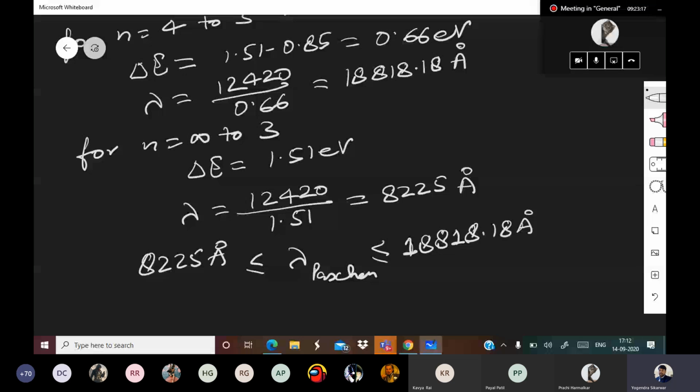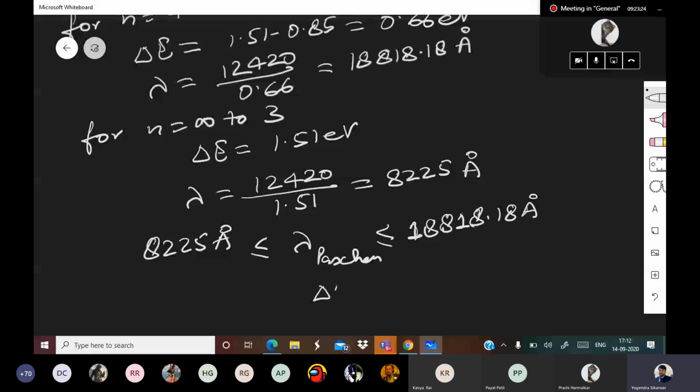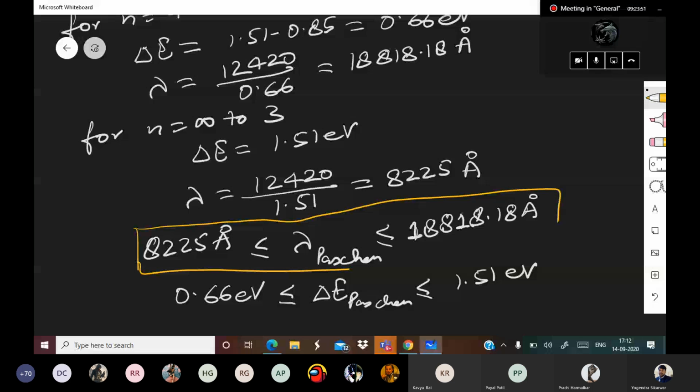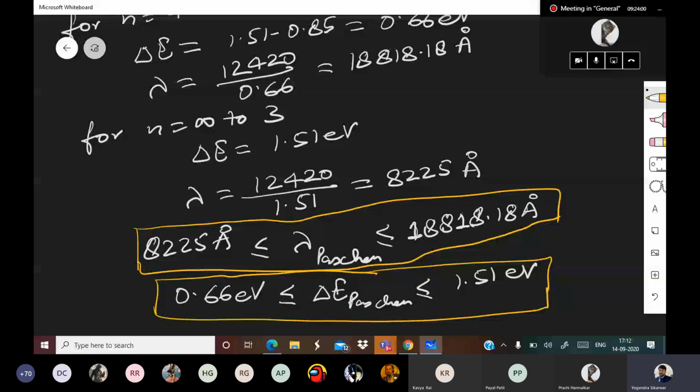Other than that, delta E of Paschen is 1.51 eV and the lowest one is 0.66 eV. Okay, everyone, please remember this.